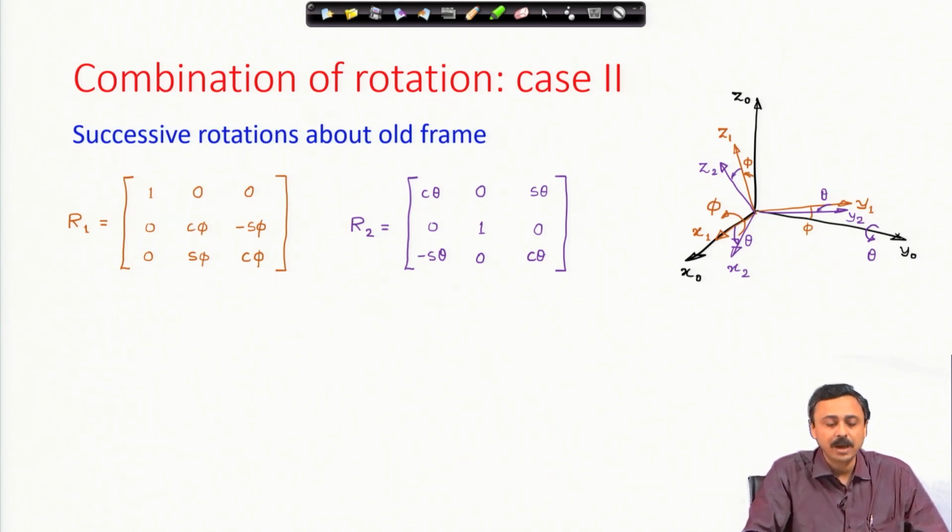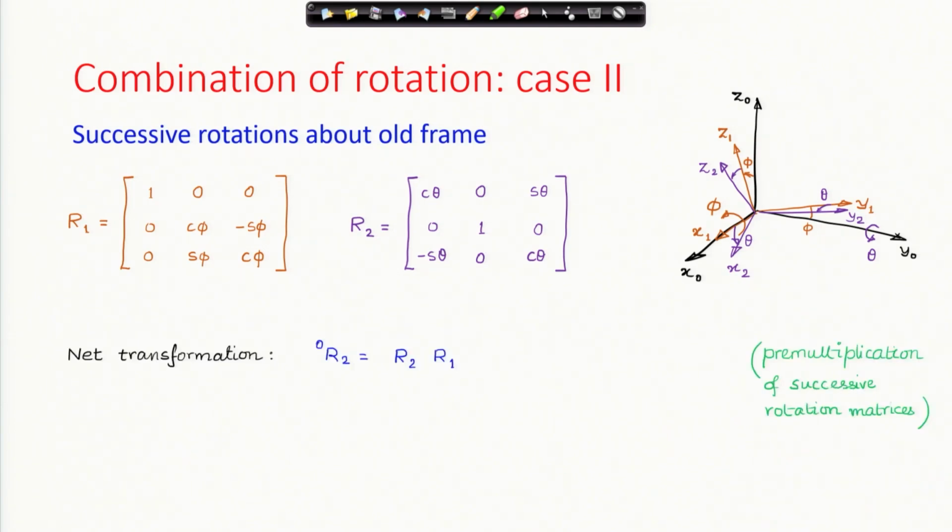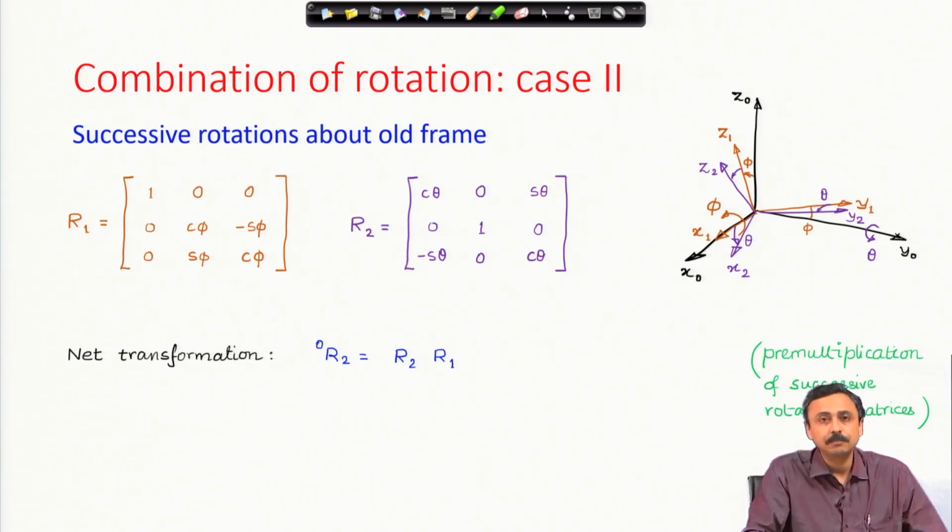Now, how do I combine to get rotation matrix from 2 to 0? And that is obtained. Now, you should note the order, the second rotation appears first and then the first rotation. The order has completely changed.